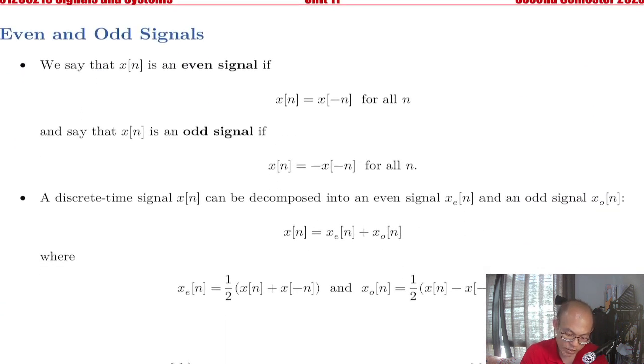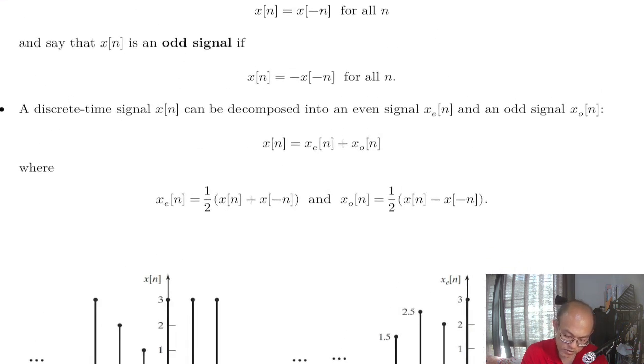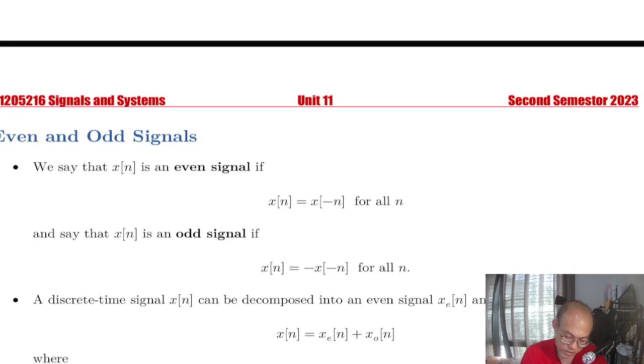Now, another concept is called even and odd signals. We say that the signal x is an even signal if x of n is equal to x of minus n. So if we plot this, the plot of an even signal may look like this. Suppose you are given this, it has to be a mirror image of itself between left and right.